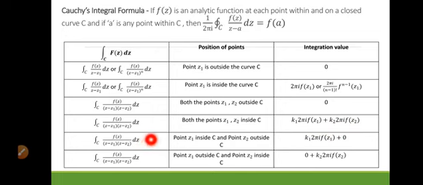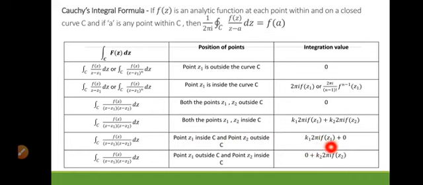Suppose there are 2 points again, but one point z1 is inside the curve C and the second point z2 is outside the curve C. Then for the point z2, the integration value is surely 0, and for the point z1, the integration value is k1 2 pi i f(z1).